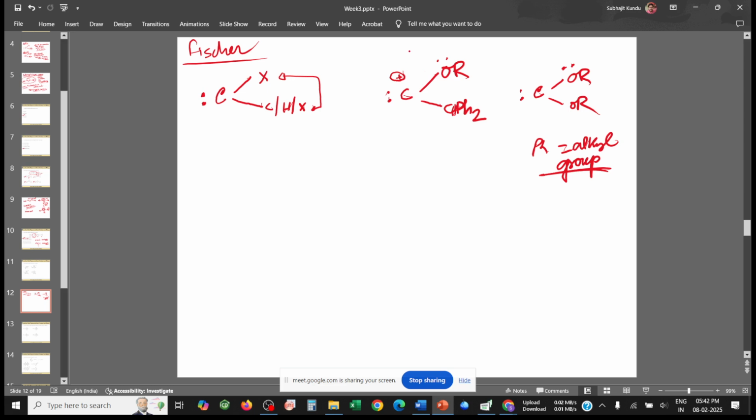Because of this, Fischer types of carbene act as electrophilic carbene.